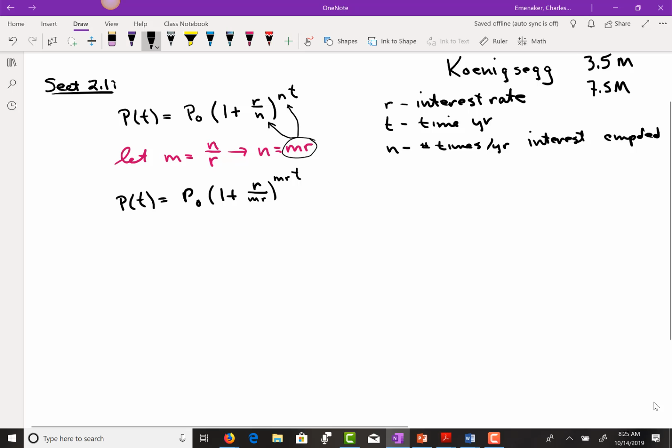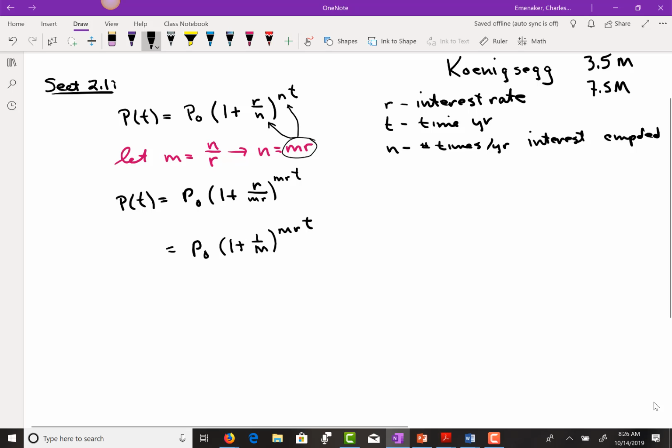Everybody okay? This cleans up a little bit to give us P sub 0 times 1 plus 1 over m to the m r t. Is everybody good? Okay, pretty straightforward algebra so far.